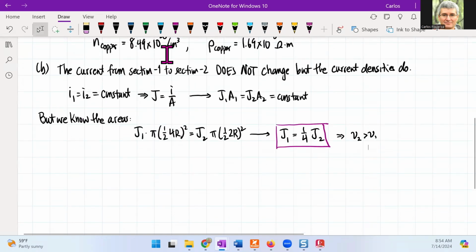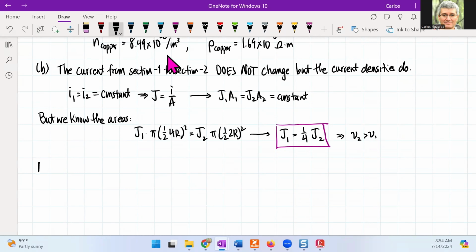Now we need to focus on calculating J1 and J2. So now our focus is in calculating J1 and J2.